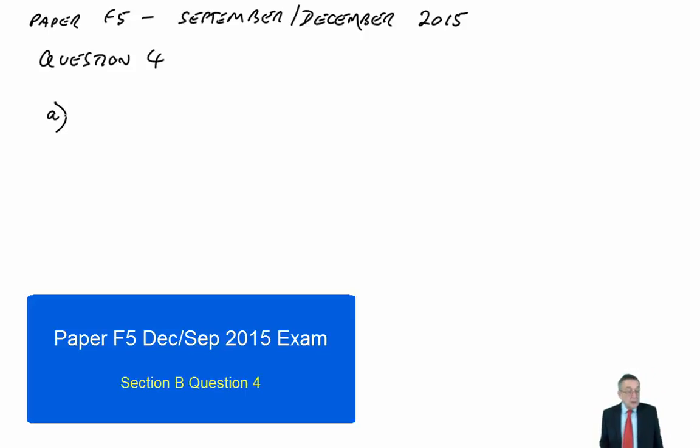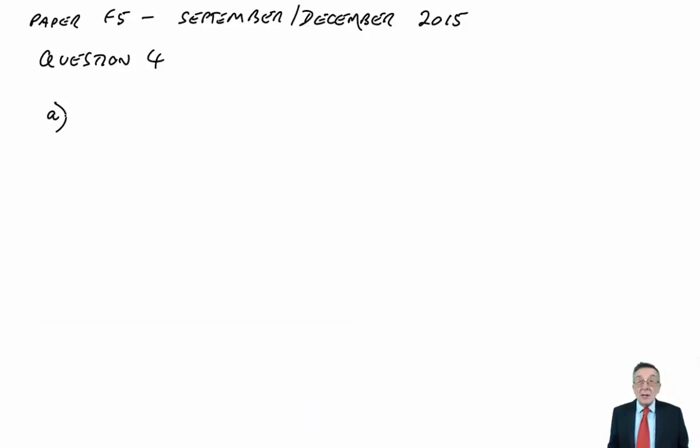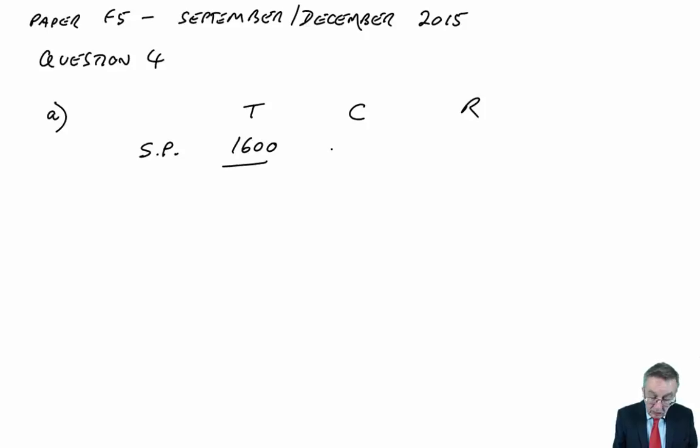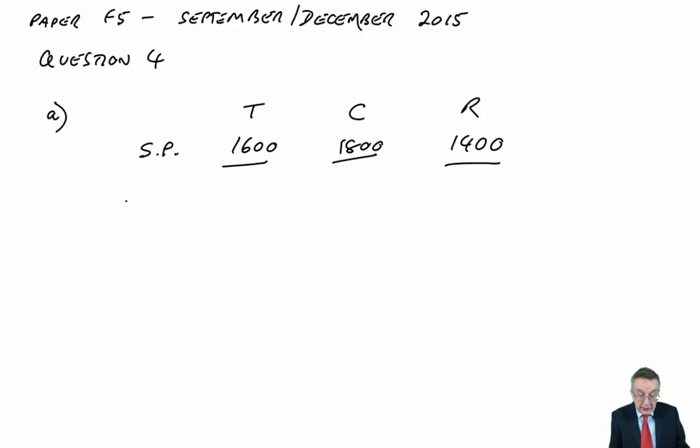Now, they want the weighted average contribution to sales ratio, so the first thing we're going to need to do, of course, is work out the contribution per unit for each of the 3 products, T, C and R. We know the selling price. For contribution, we need to subtract the variable costs.